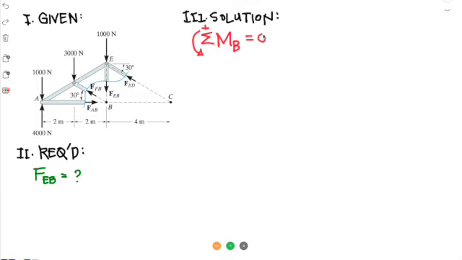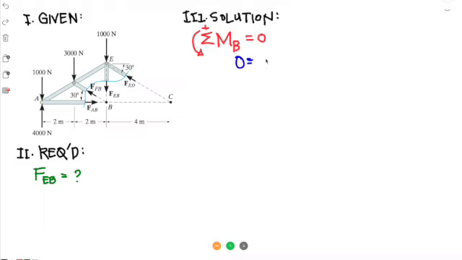So what are the moments? Positive moments are considered as the counterclockwise moments. So doing the math, that would be 0 is equal to, so about point B, what are the counterclockwise moments? About point B, you have here a 3,000 Newton force times 2 meters. That's counterclockwise, right? Right there.